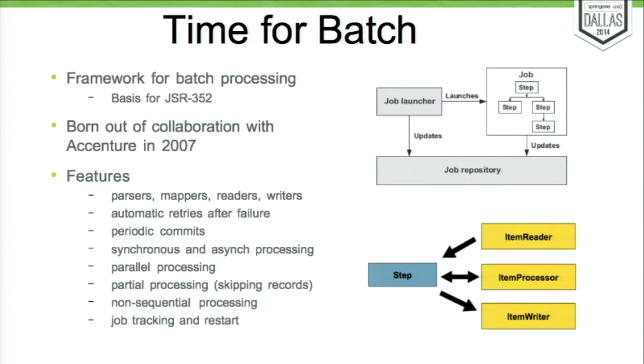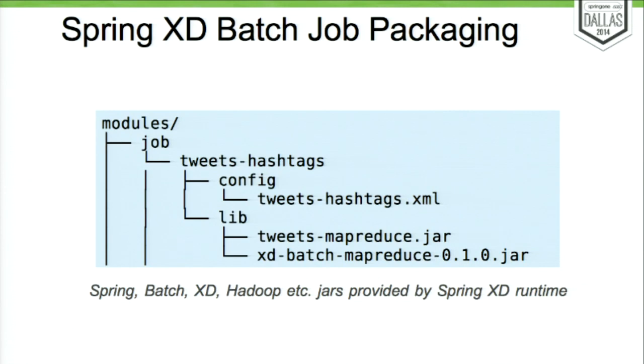And it supports both synchronous and async processing. You can run things in parallel. You can skip records. If they're bad records, you can have them put somewhere else. And you can track the jobs because it has a database where it keeps a log of all the steps and all the jobs that it's running. So it's a pretty complete package for running your batch jobs.